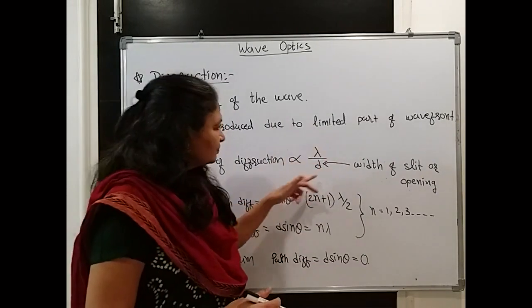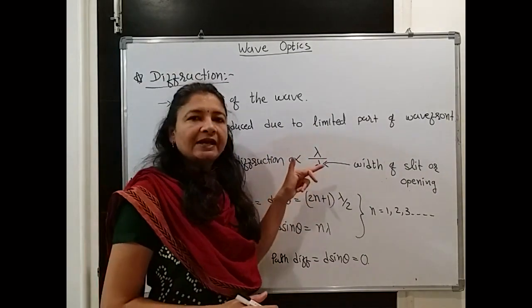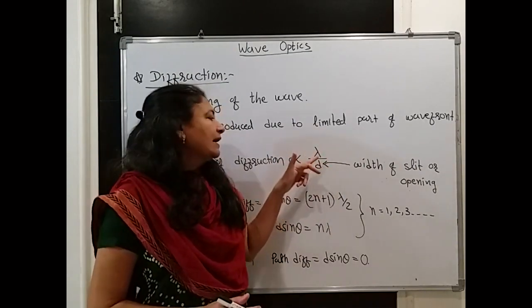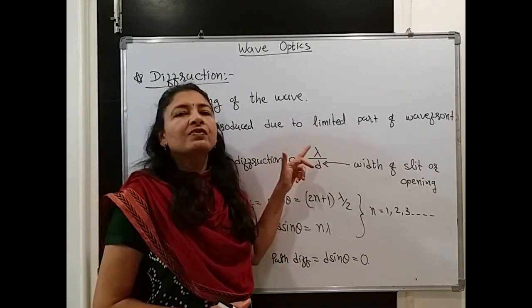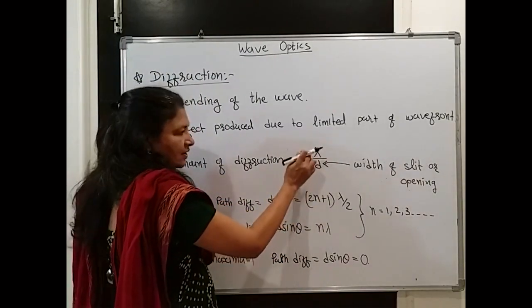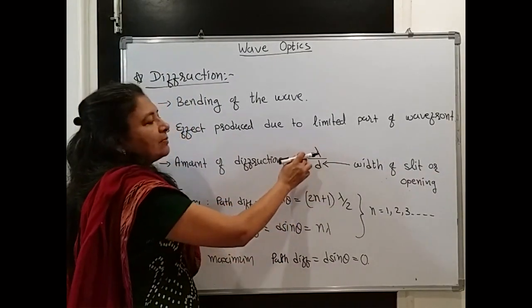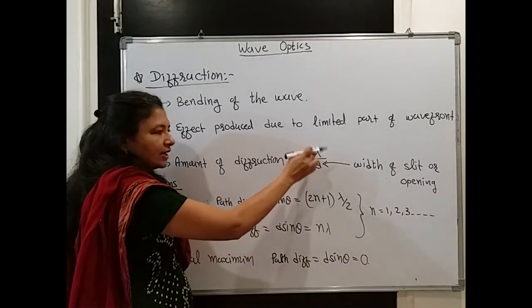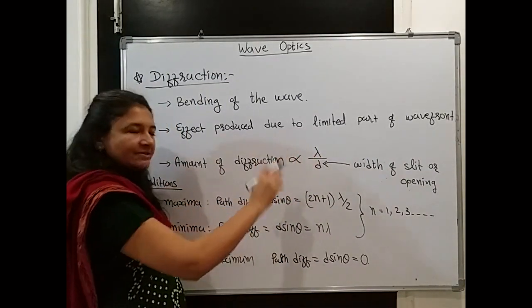And from this only we can say that the amount of bending for light is less and the amount of bending for sound wave is more. Because for sound waves, lambda is more, so lambda by d will be more, and for light waves, lambda is smaller, so lambda by d is smaller.